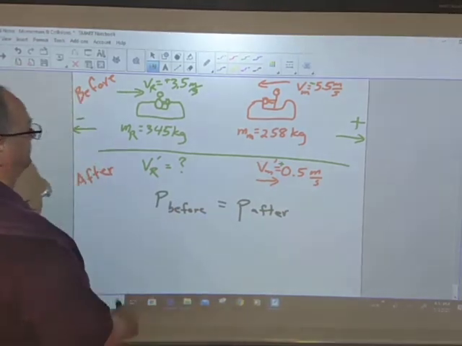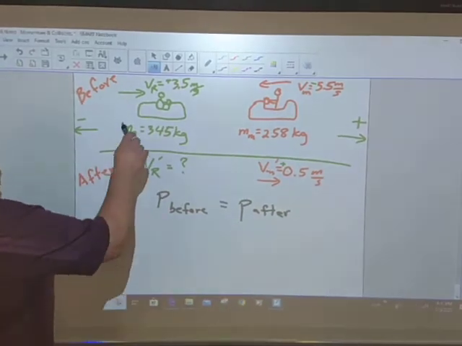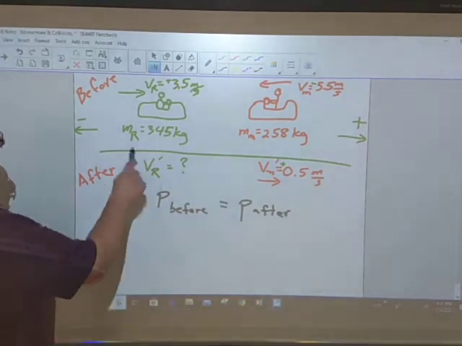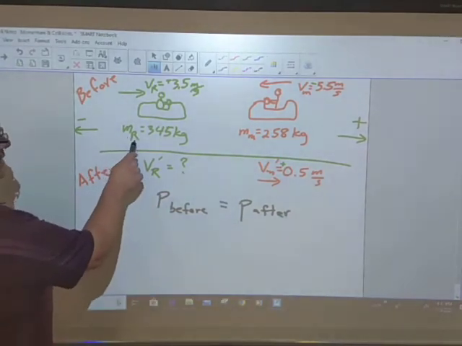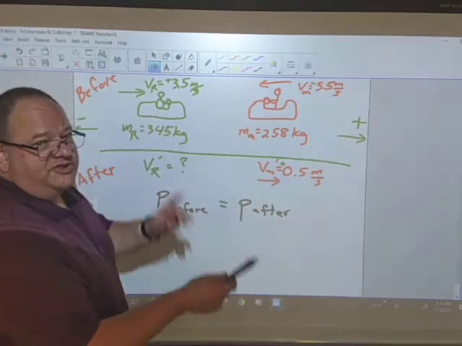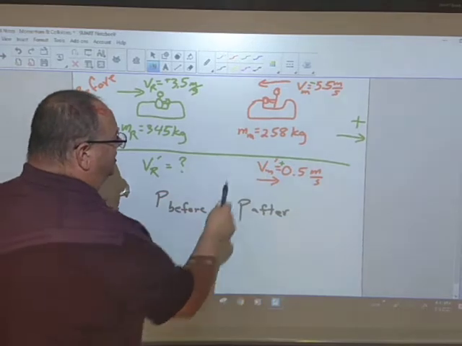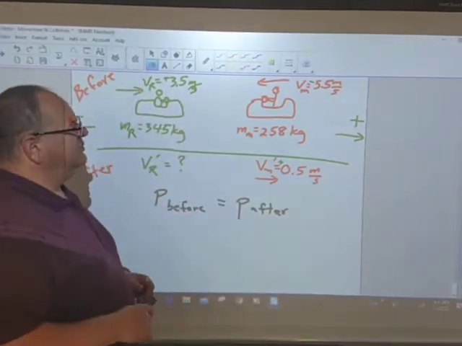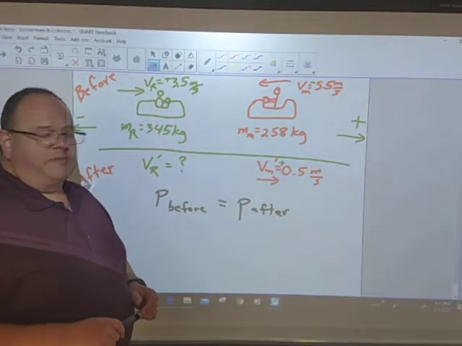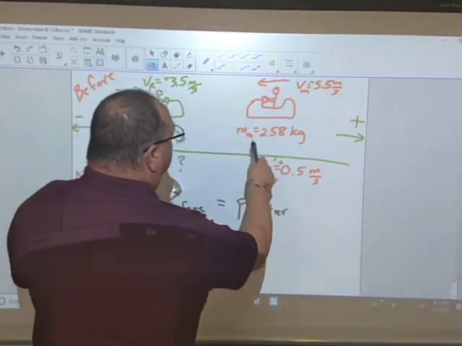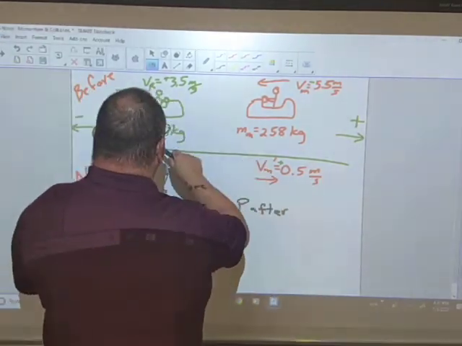So before the collision, let's see. I'm calling this MR. This is Mr. Rupp, so R stands for Rupp. This was MM. Do I have an M for students in my current class? Mary. Okay. So here's Rupp's car.